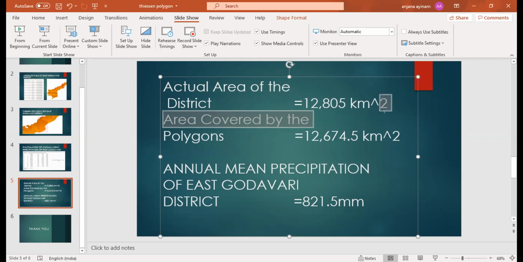Select it. Only the 2. Now hit Control Shift plus. Control Shift plus. Then you can get rid of that sign. So these are things that you can learn.